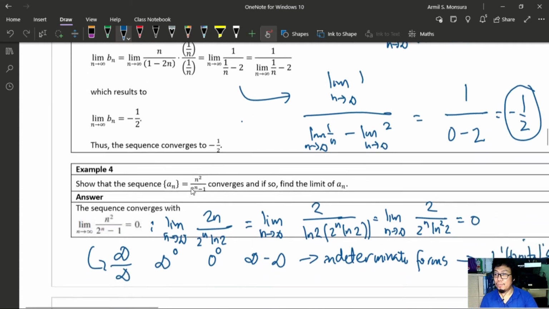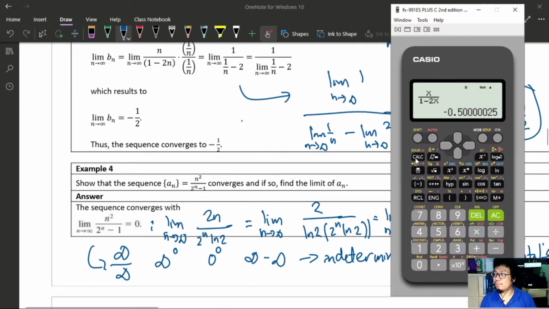If you actually try that one here, we have x squared over 2 raised to x minus 1, and then calculate it for, say, we start with 999. We cannot compute any value. So there's a problem with numerically computing your limits in some cases like this one. That is why we really have to resort to analytic means.